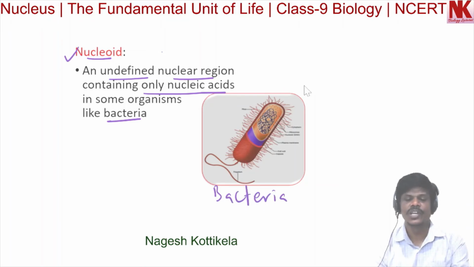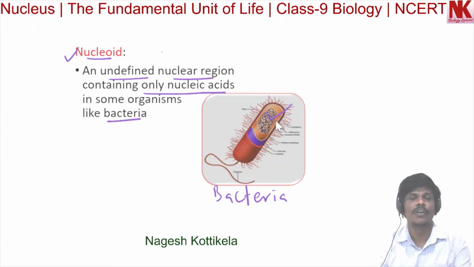In this you will find the genetic material. It is not present inside a well-defined nucleus. It is simply present in cytoplasm and not covered by nuclear membrane. Such a region in the cytoplasm where the nucleic acid is present in prokaryotic cells is called nucleoid.